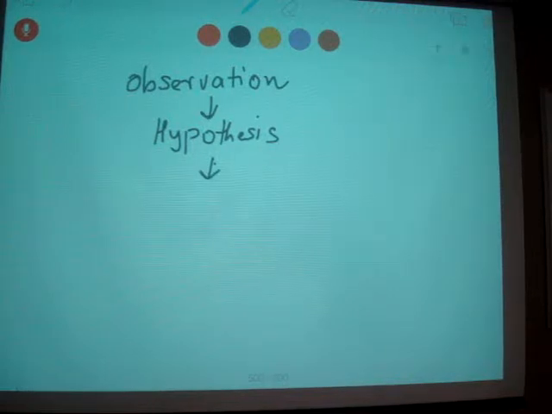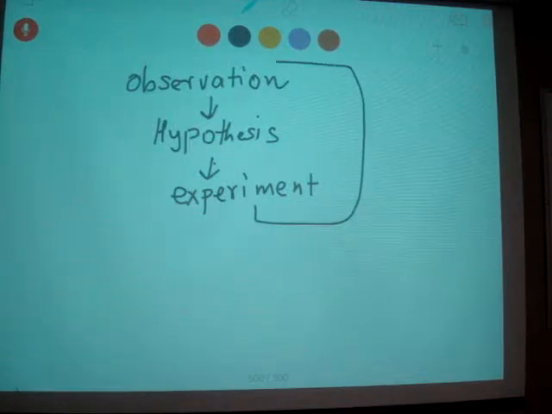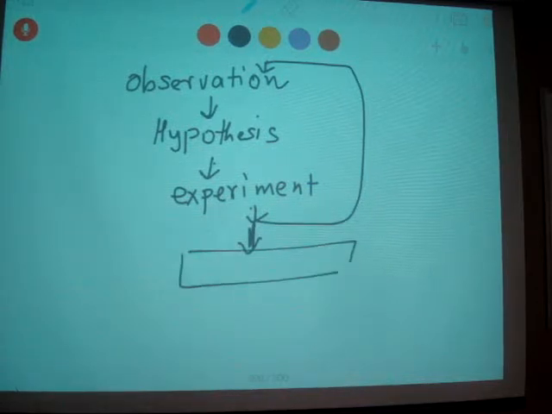Then they do experiment. They do several steps of experiment. If they fail, then they do this observation again. But let's say if they are right, then what they do? They make theory or model.